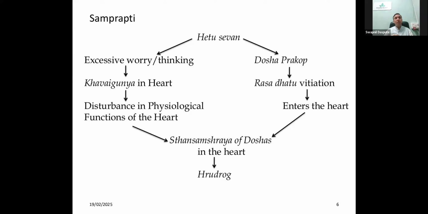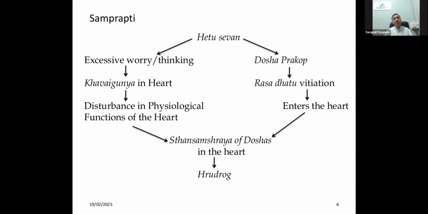We know that Rasa Vikshepana is the function of the heart, and when there is vitiated Rasadhatu which enters the heart, it will take ashray of heart, and it will stay there. It will create Rudrog. Okay, so there will be Sthana Samshraya, the Vaigunya will be at the heart region where the aggravated doshas will come and stay and will create Rudrog.